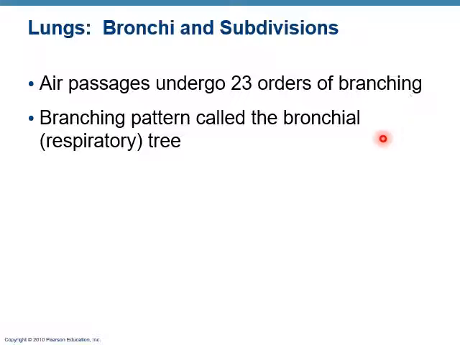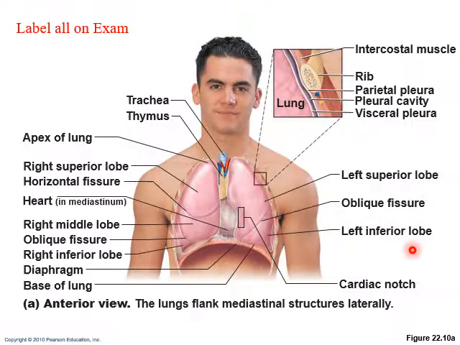So this whole branching thing, smaller and smaller each time, creates what they call the bronchial or the respiratory tree. We're going to actually see a picture of the respiratory tree in a minute.